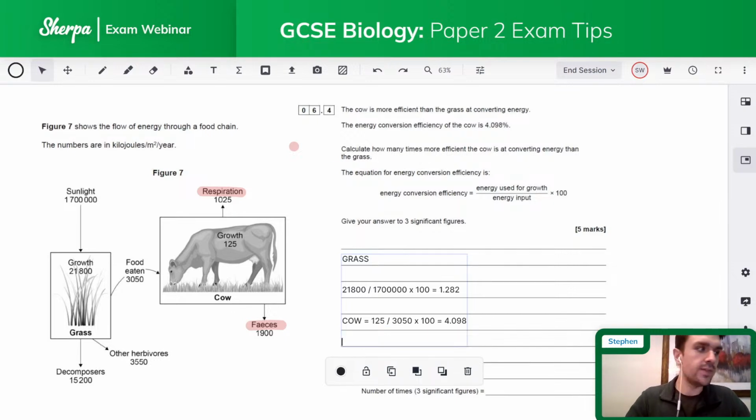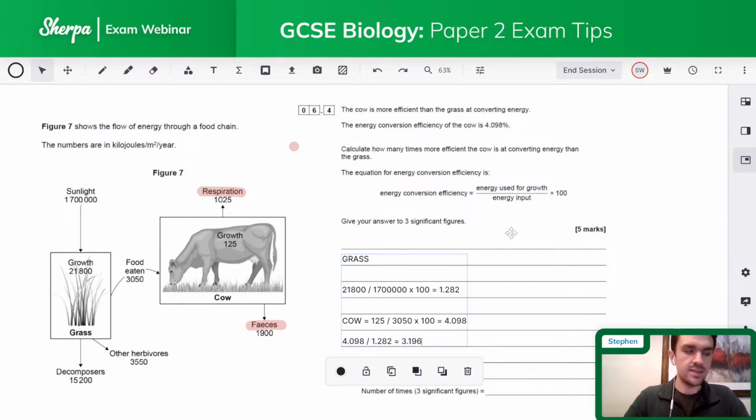What we can do for that is take our value for the cow, 4.098, and divide it by our value for the grass, which we've calculated as 1.282. And that gives us a value of 3.196. Okay, fantastic. That is still not the end of the answer, because it asks you to give your answer to 3 significant figures.